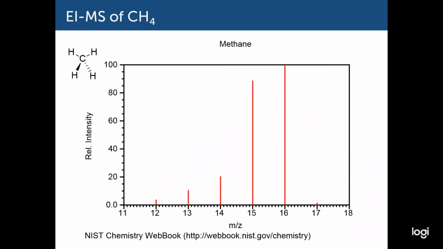Okay, so if we look at the mass spectrum of methane, this is what we observe. You can see that there's a set of different lines on an x-axis. The x-axis is M/Z, so we've got different kinds of values here. For us, we're going to be using what's called low-resolution mass spectrometry, so we'll be looking at just whole numbers for M/Z ratios.